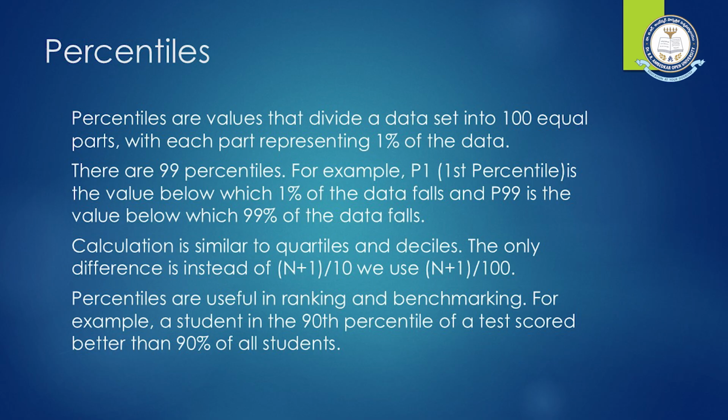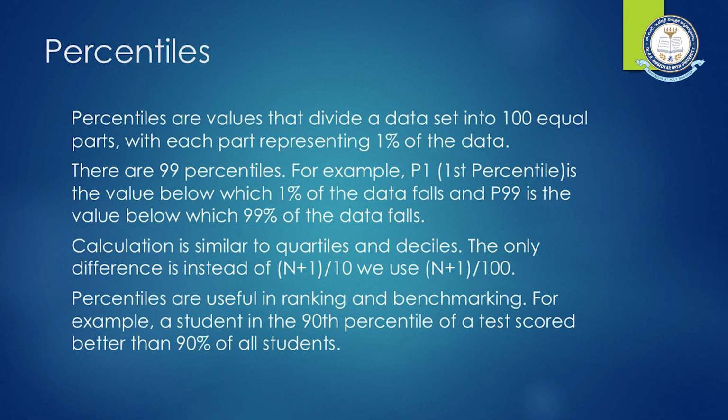Next one is percentiles. Percentiles are values that divide a data set into 100 equal parts, and each represents 1% of the data. There are 99 percentiles. For example, P1 is the first percentile, which explains 1% of the data set, and P99 is the value below which 99% of the data falls.